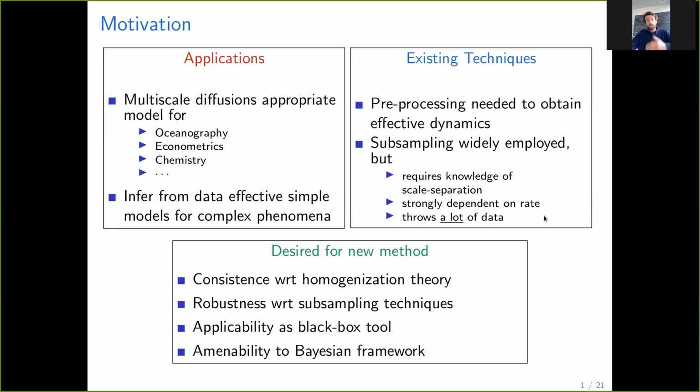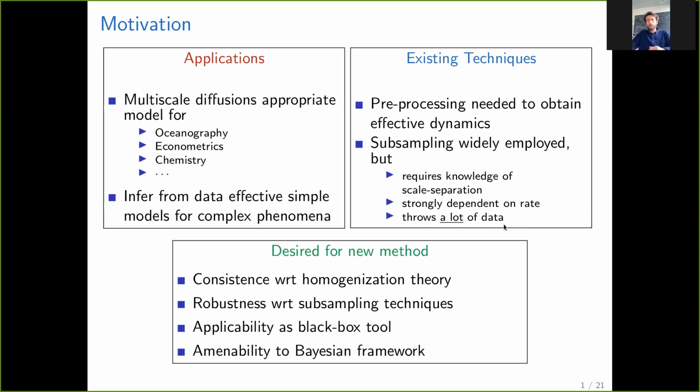So the second issue is that the results of your inference procedure are most of the time strongly dependent on the rate at which you subsample. So there is a range of rates for which the results theoretically are asymptotically good, but in finite computations, you don't know which would be the optimal subsampling rate.